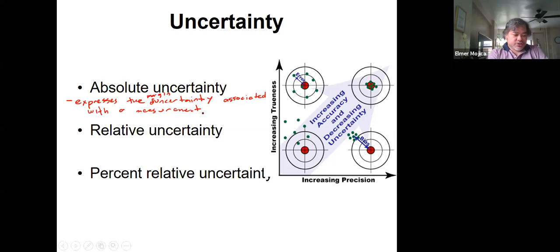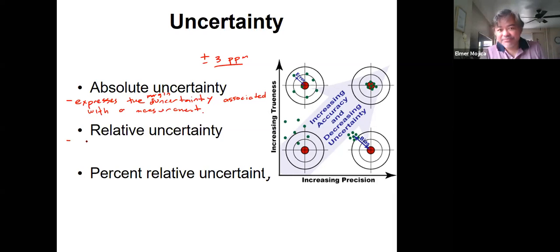Okay, so when we say plus or minus 3 ppm, we could say that is absolute uncertainty. Now, relative uncertainty, on the other hand, compares the size of the absolute uncertainty with the size of the measurement.